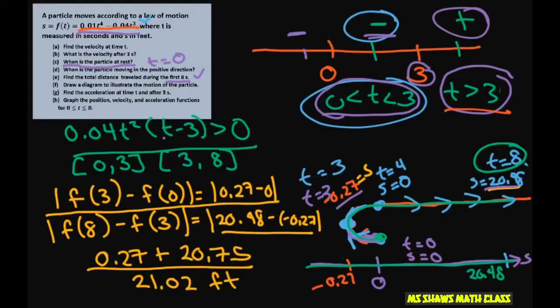All right. Now we have to find the acceleration. Acceleration is going to be a of t, which is the derivative v prime of t.